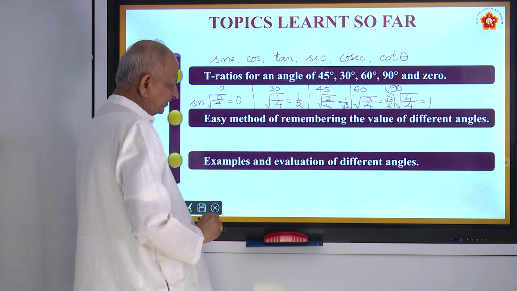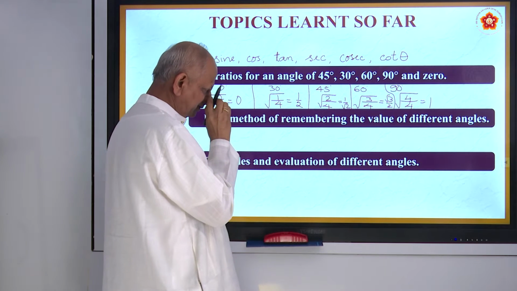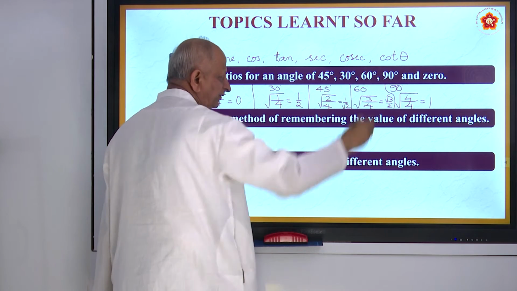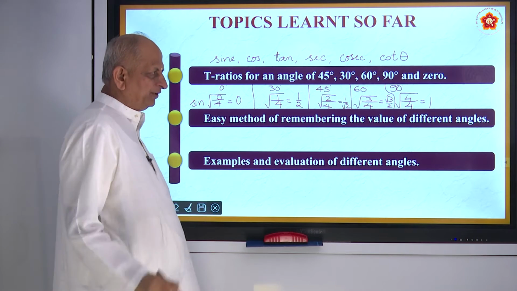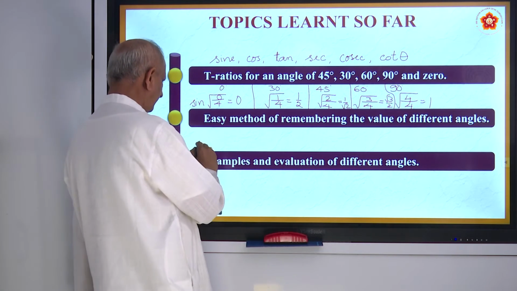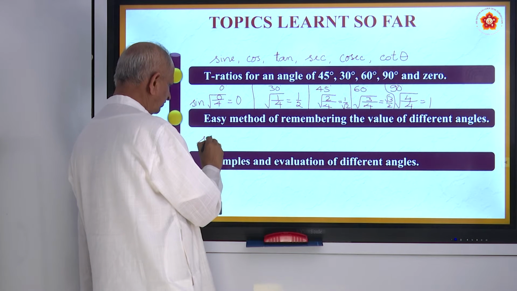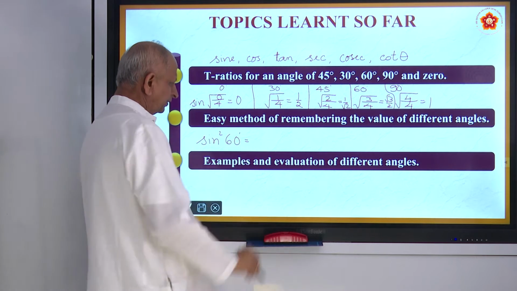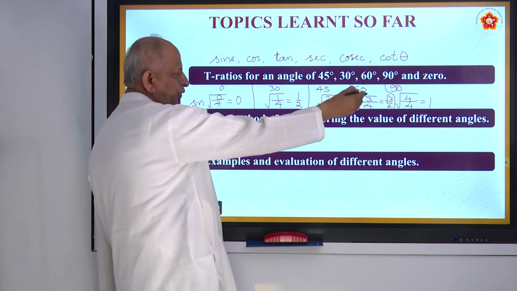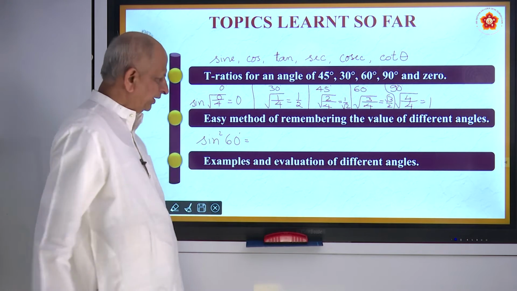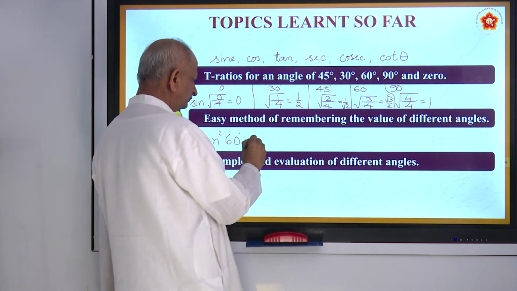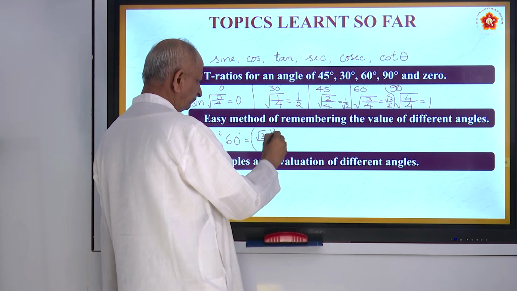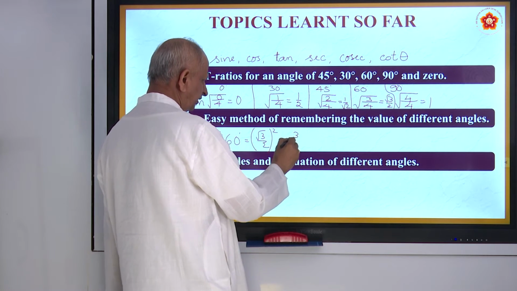Coming to examples and evaluation of different angles that we have seen yesterday. Knowing the values of these, you have to evaluate. For example, if you say sine squared 60, sine 60 we know root 3 by 2. When you say sine squared 60, root 3 by 2 square, it will be 3 by 4.